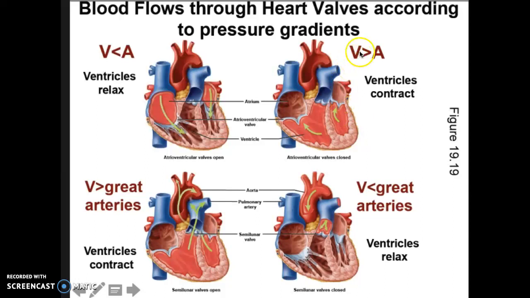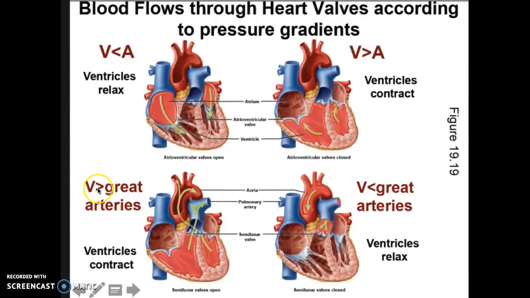When the ventricular pressure is greater than the atrial pressure, then the atrioventricular valves will close shut, as you see here. Atrioventricular valves will close and the ventricles will begin to contract.